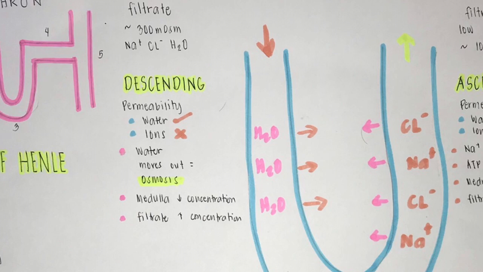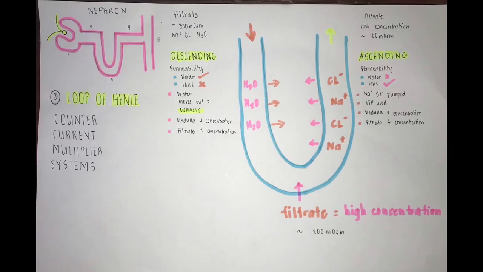And the filtrate will increase in concentration because we're taking water out, but all of these ions that we haven't yet pumped out are still in this section here. That means that down here at the bottom of our loop of Henle, this filtrate has a very high concentration.